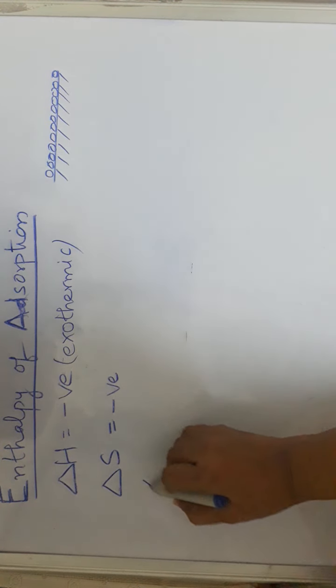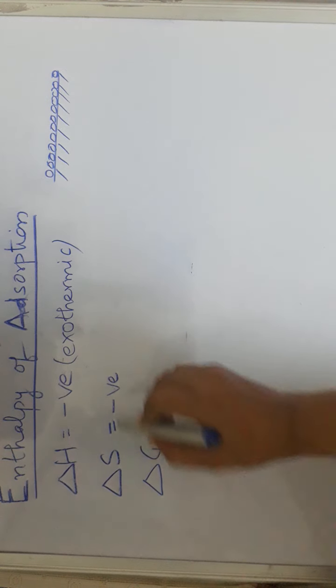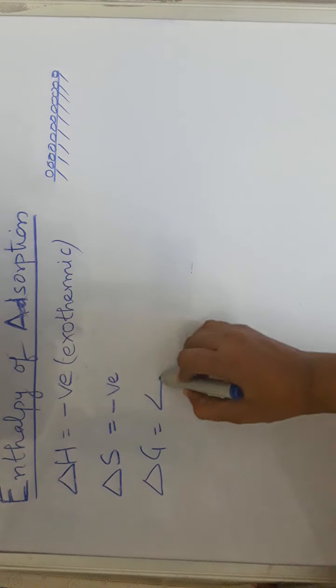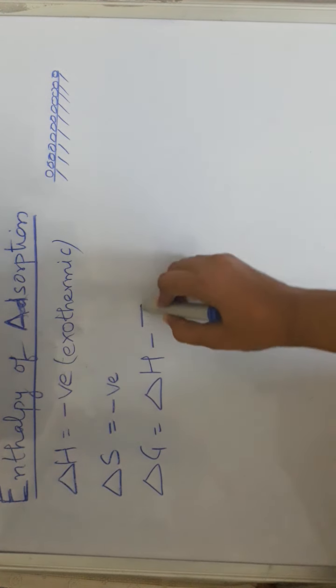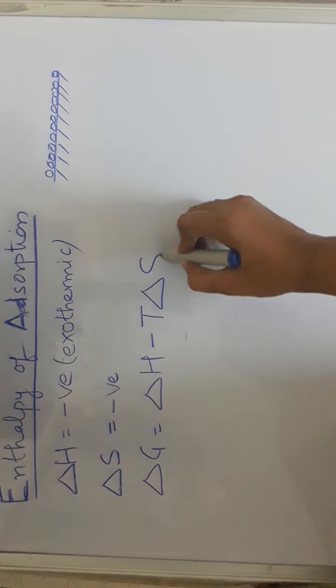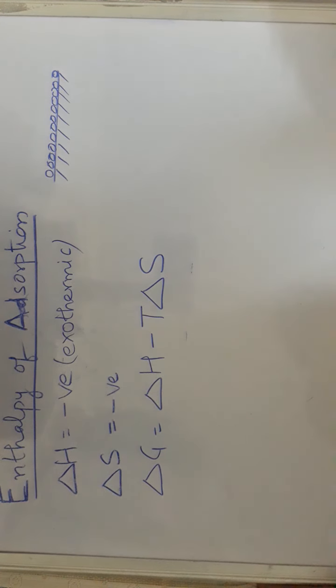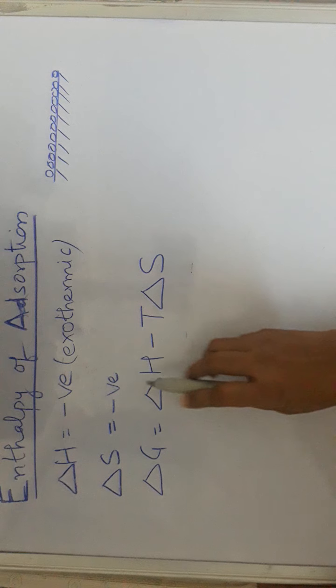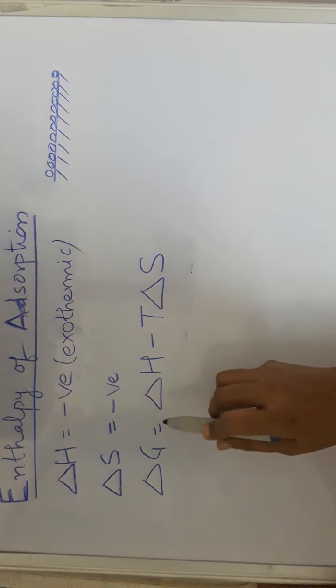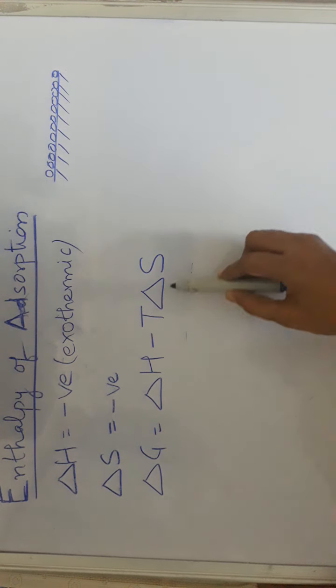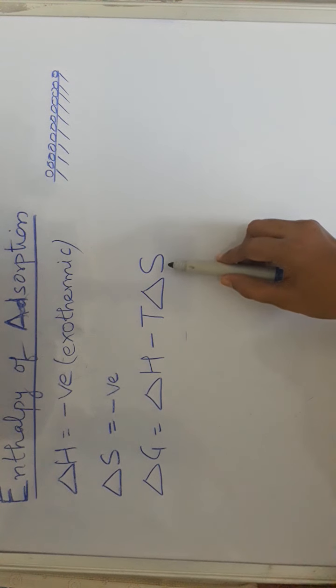So, applying these two conditions on the Gibbs-Helmholtz equation, delta G is equal to delta H minus T delta S. If we want to understand what the favorable conditions for adsorption are, as you know, enthalpy change delta H is negative, and delta S also is negative.